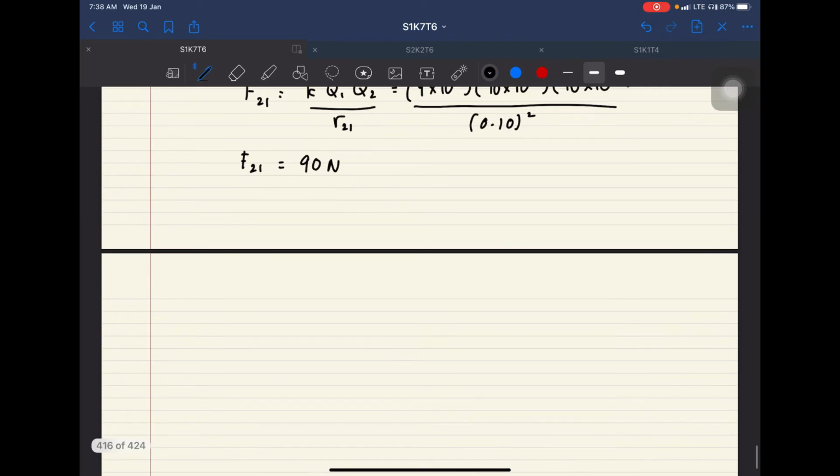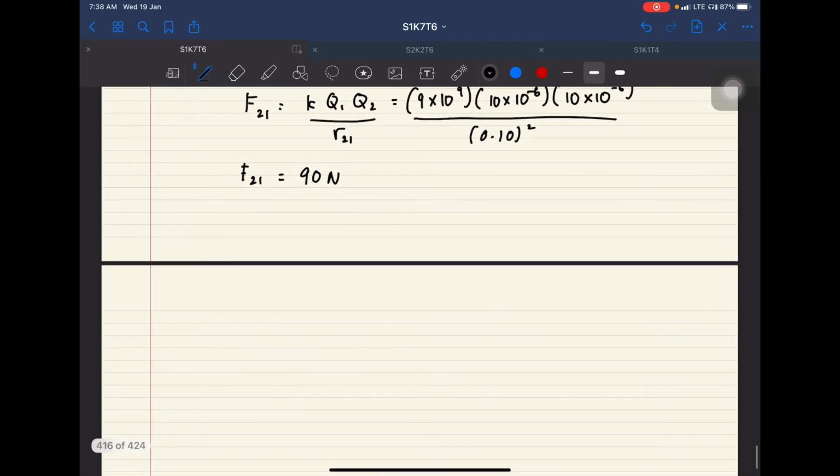Okay, double check the calculation again. The next one will be F23. So Q2, Q3, R23, then this one. To avoid any confusion, I just flip this one.